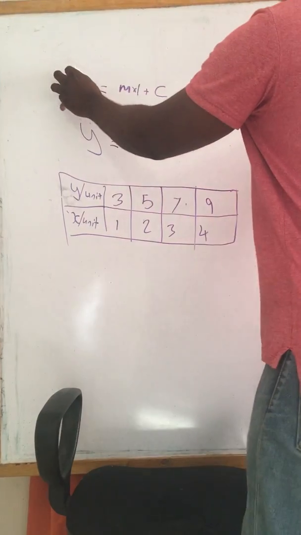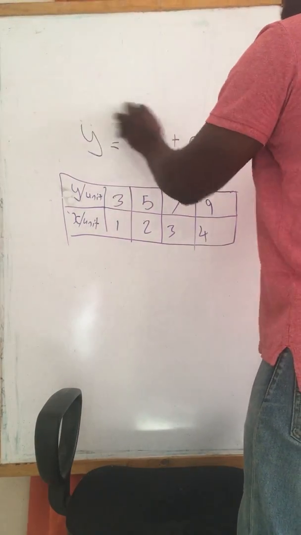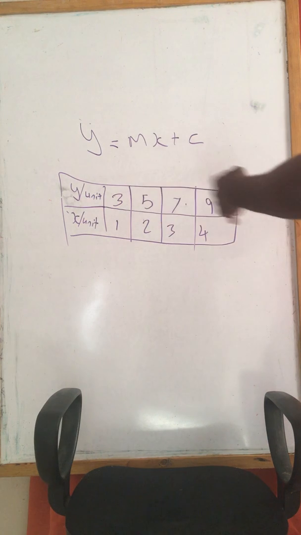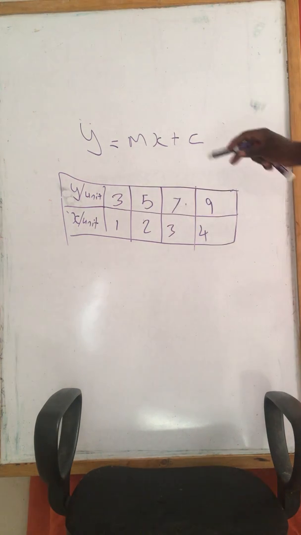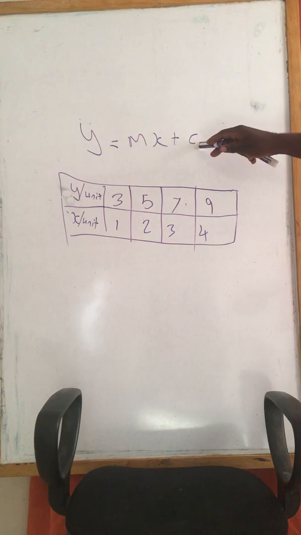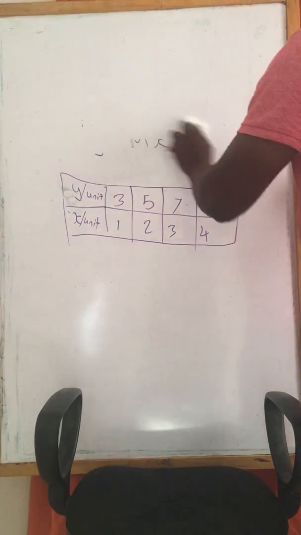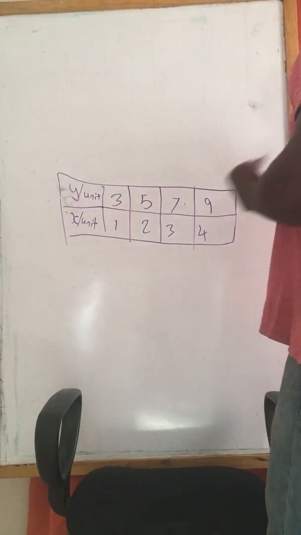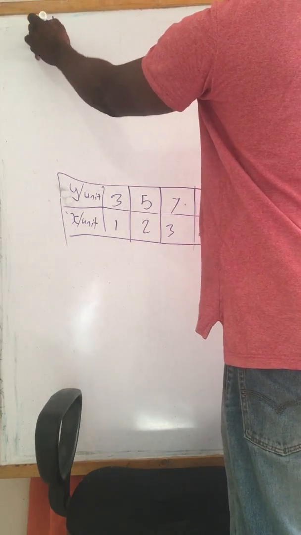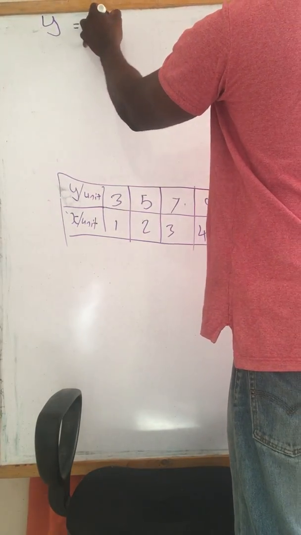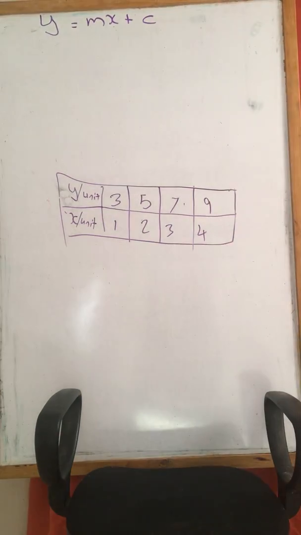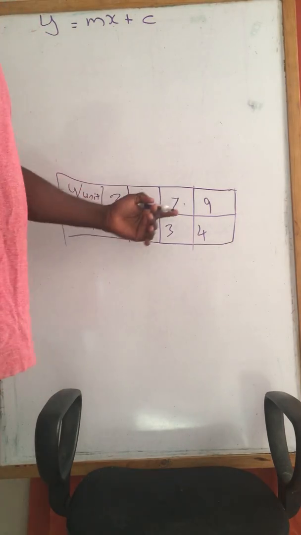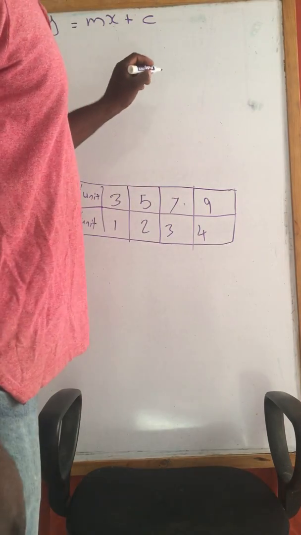Now, let us look at this here in detail and see if we can come up with this m here and that c. So then we say that our general equation of a straight line is y is equal to mx plus c. Now, let us plot this on our graph paper.